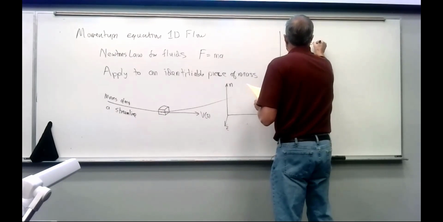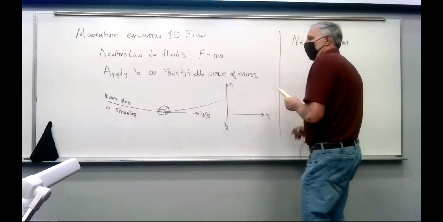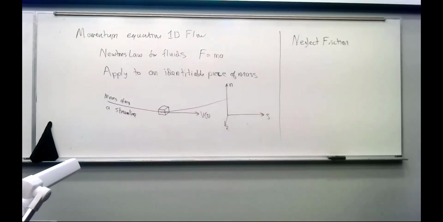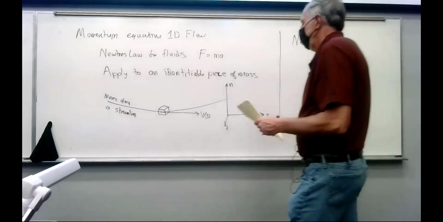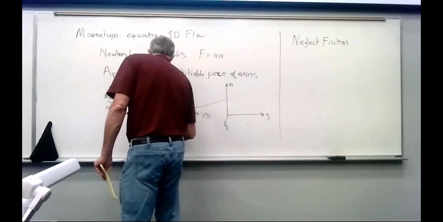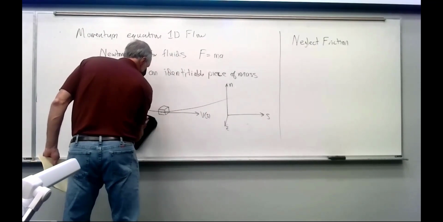with this equation, we're going to neglect friction. Remember when we talked through the different types of flow, we said there's friction flow and non-friction flow. So we're going to say this is not near a surface. So there's no hard wall here with bumps that it's going to run into. There's no friction. The friction is negligible.